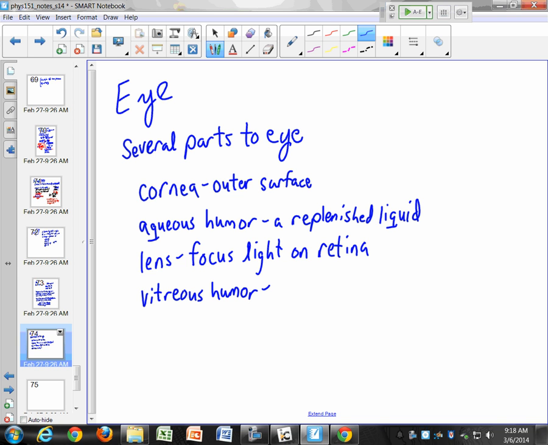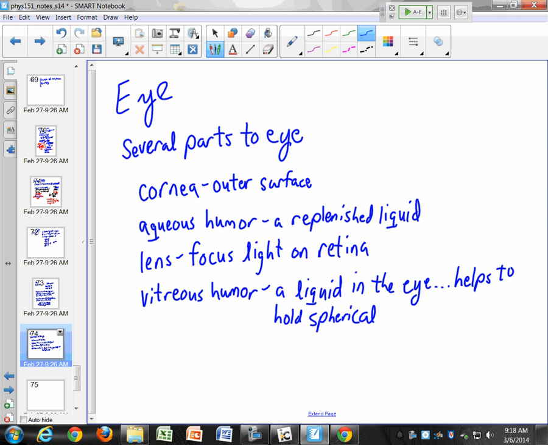It helps it to hold a spherical shape. Or at least a semi-spherical shape.